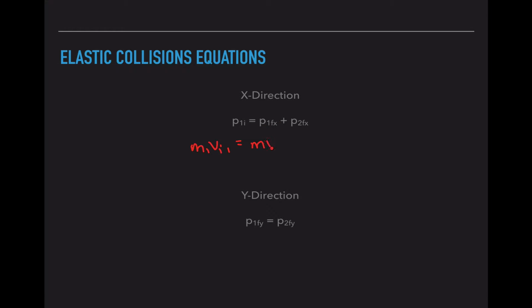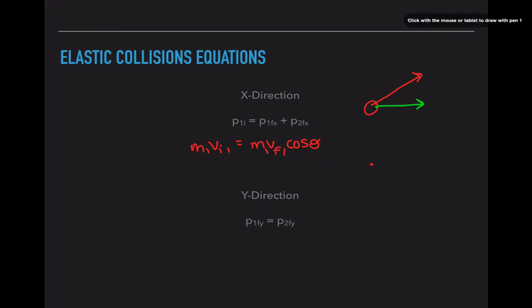So I'm going to use m1 vf1, but then I have to add cosine theta, because that first billiard ball, when it bounces off and goes in the upwards direction, I only want this component of its momentum. That's why I'm going to be using cosine theta.